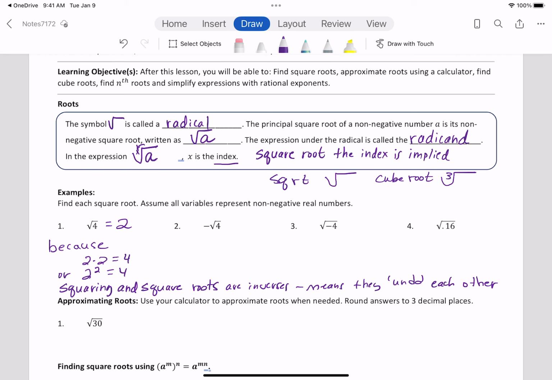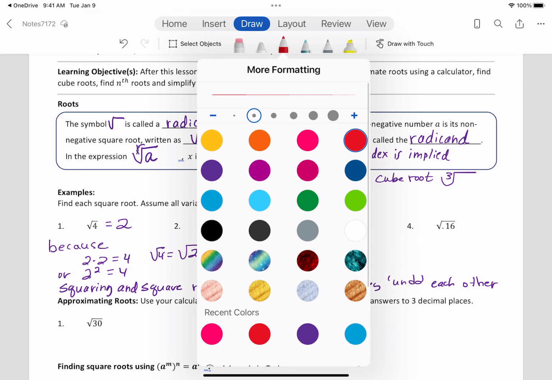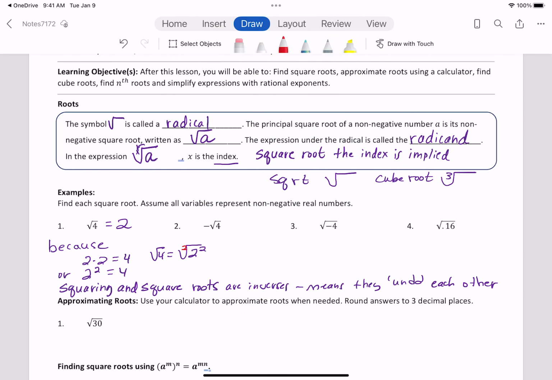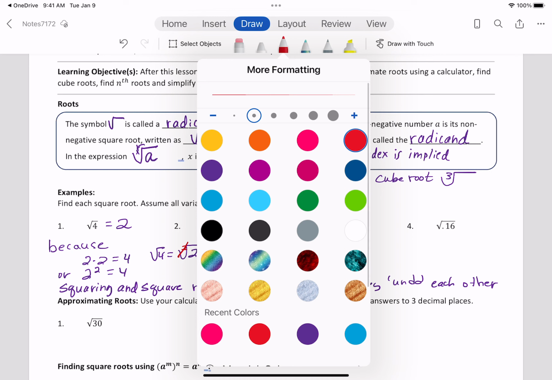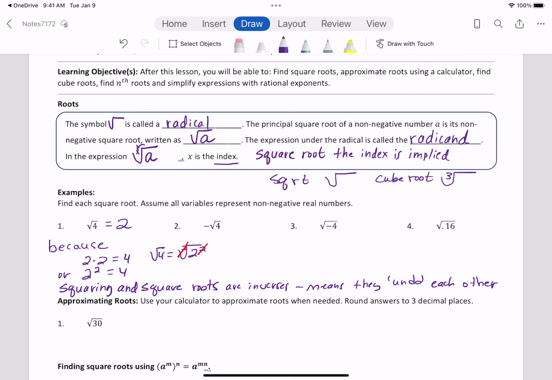So the reason that the square root of 4 is 2 is because if I wrote the square root of 4 as the square root of 2 squared, remember we don't write this number, but that index is a 2, right? So that square root and this square undo each other, and that leaves me with 2.